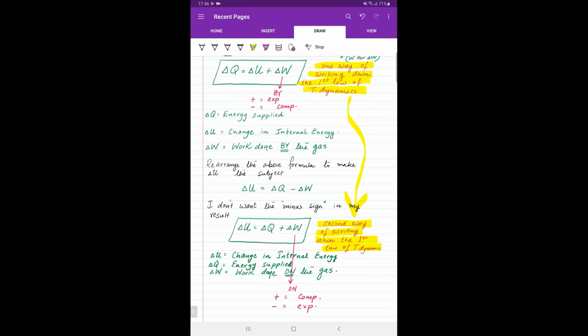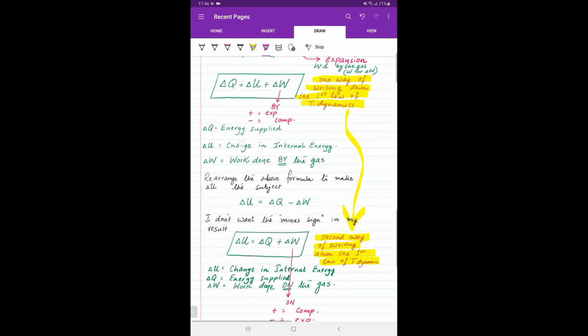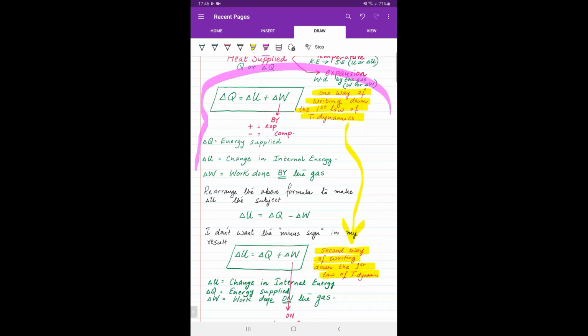To answer that, we suggested that some fraction of the energy supplied was used up by the gas to bring about a change in its temperature, while the remaining fraction was used up by the gas to undergo expansion. And on the basis of that, we came up with the first law of thermodynamics, and that was the first interpretation, जिसको मैं अब highlight कर रहा हूँ with the pink marker. So this was the initial outcome.